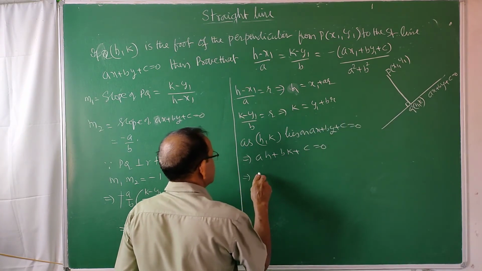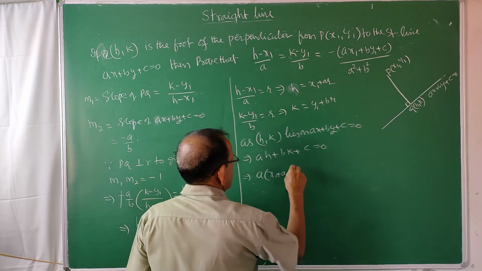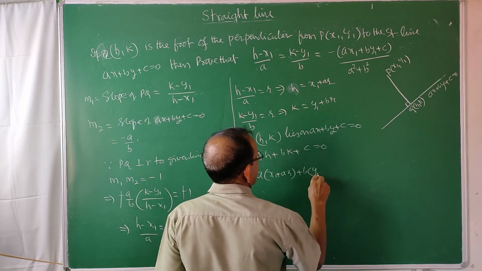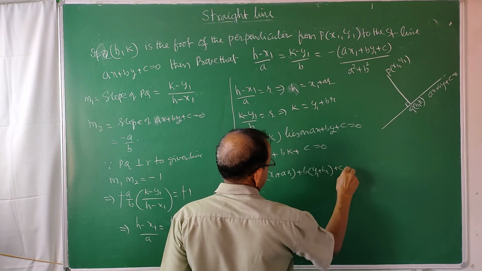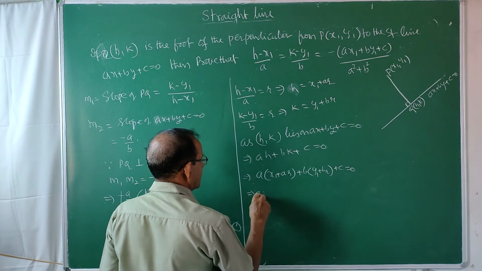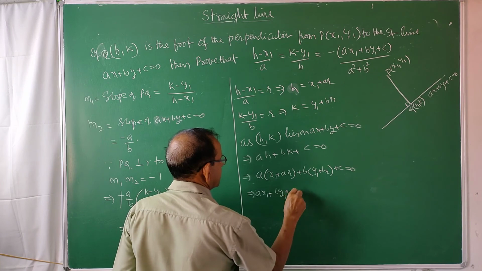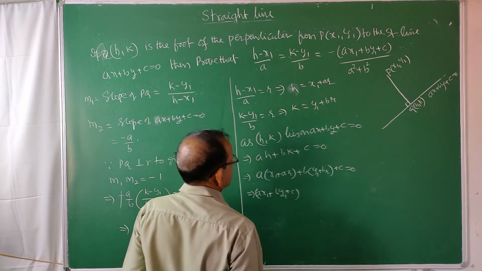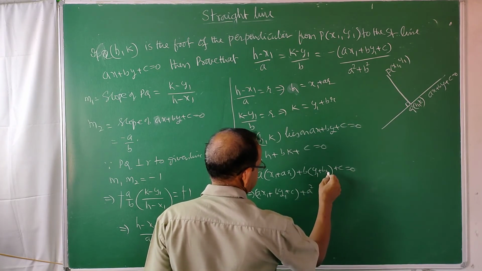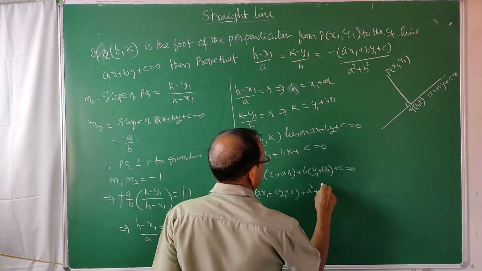That implies a into (x1 plus AR) plus b into (y1 plus BR) plus c is equal to 0. Now this is a x1 plus b y1 plus c plus a square R plus b square R; you can take R as a common term.